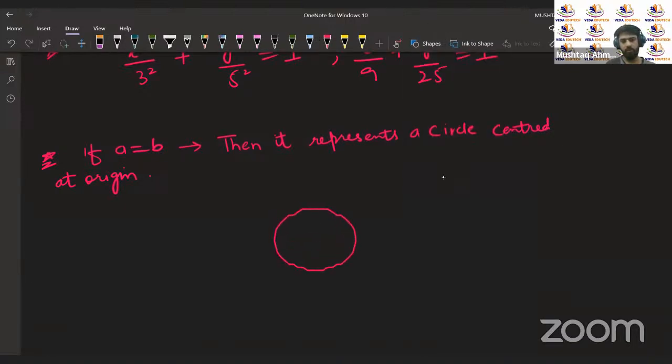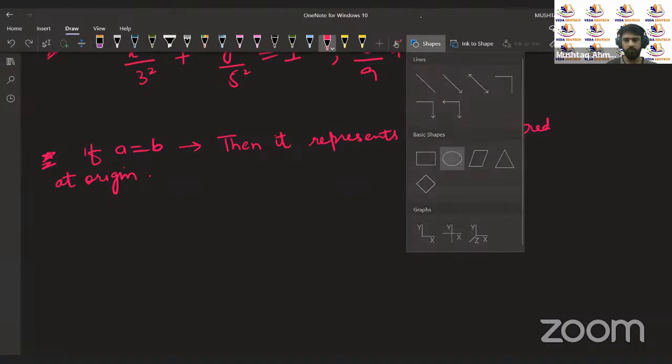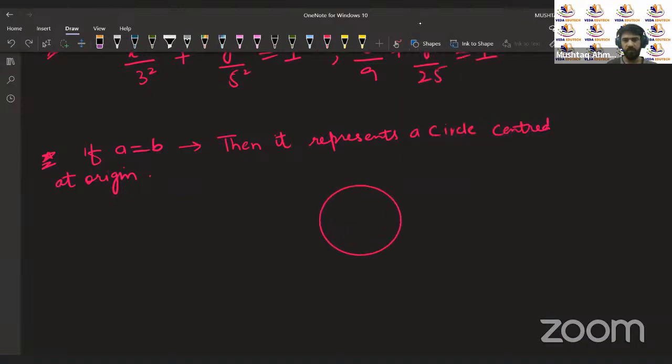Let's suppose this is the circle. Let x naught comma y naught be the coordinates of the center C, and r the radius of this circle.